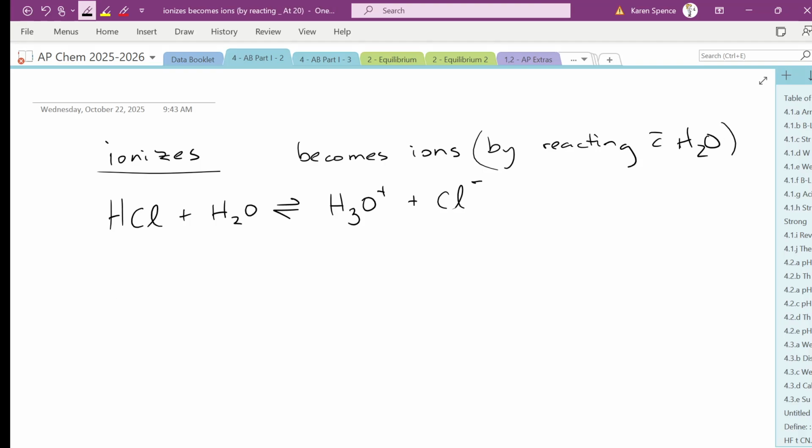Ionizes can mean other things, but it definitely means becomes ions. In this particular case, it's by reacting with water. If we had NH3 plus H2O, we would end up with NH4 plus OH minus. Those are ionizing. That's not dissociating, because to dissociate means to split apart, okay?